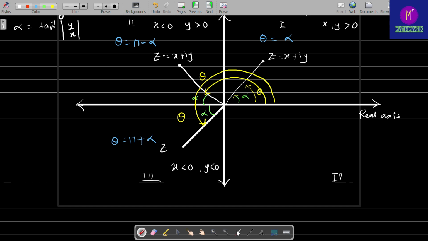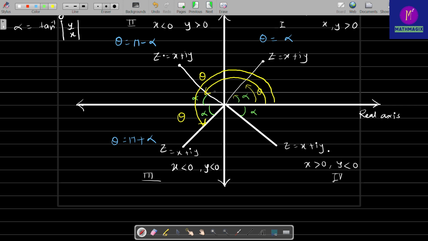Now let us see what will happen if the number is in the fourth quadrant. In the fourth quadrant, x is greater than 0 but y is less than 0. Let's see what happens with the angle. So this is z equal to x plus iy. In this case, this value is alpha. Now remember one thing, we are measuring theta from the positive real axis.